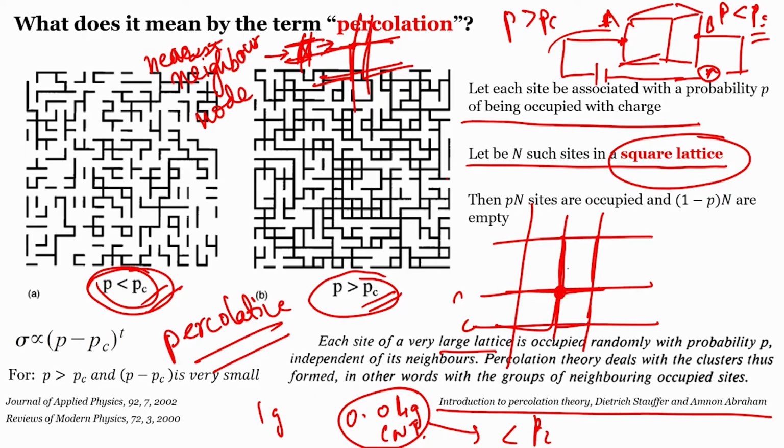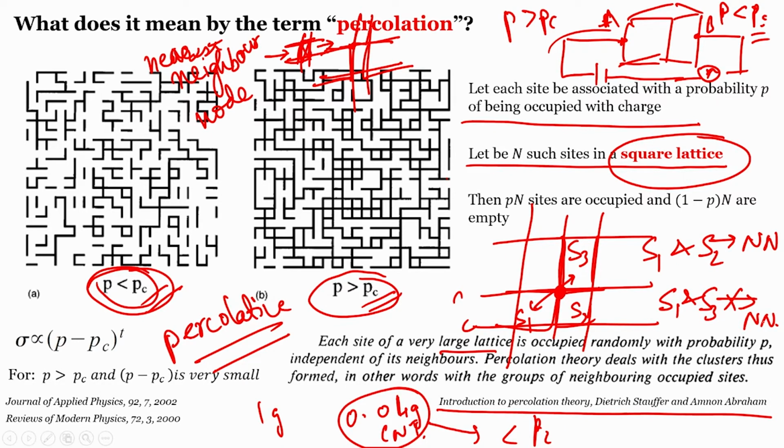That's why, if I name them S1, S2 and S3, S1 and S2 are nearest neighbors, whereas S1 and S3 are not nearest neighbors. So this is what percolative transport was about.